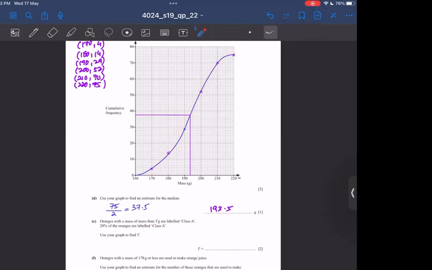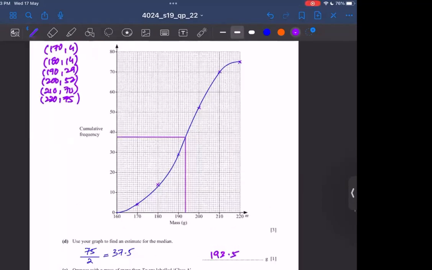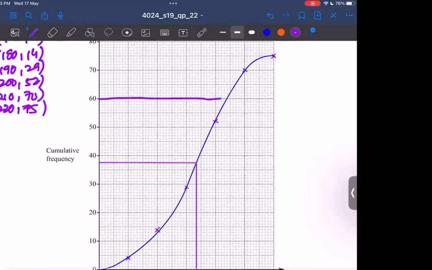So what I did, I got 80% of 75. There are 75 oranges, right? 80% of 75 is 60. So again 60, we have this value. So these are the 20% values.